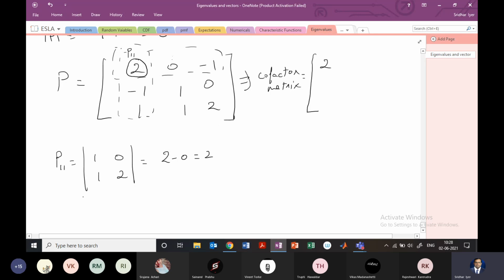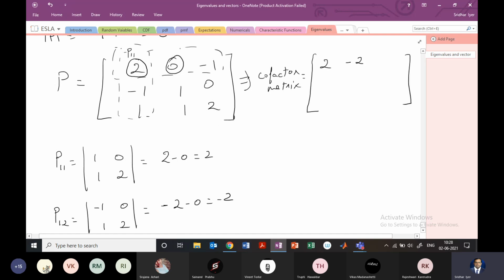Okay. Now I'll concentrate on P12. P12 is this value here. For P12, we'll ignore the first row and the second column. So we are left with negative 1, 0, 1, 2. So we'll have minus (2 minus 0), which is minus 2. Therefore, the second term in the cofactor matrix is negative 2.